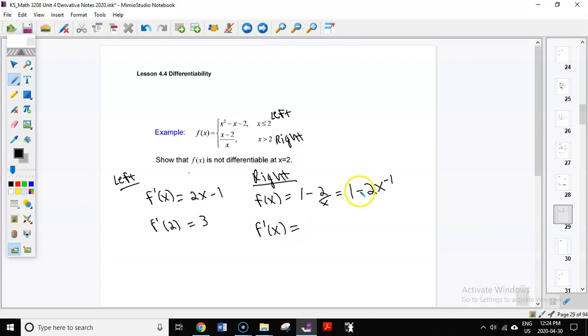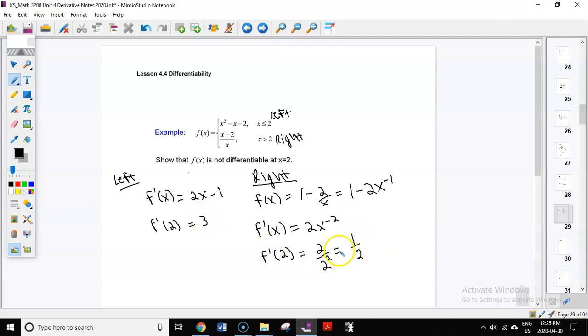So the derivative of 1 minus 2x to the negative 1 will be 2x to the negative 2, which means the derivative at 2 would equal 2 over 2 squared, or 1/2.